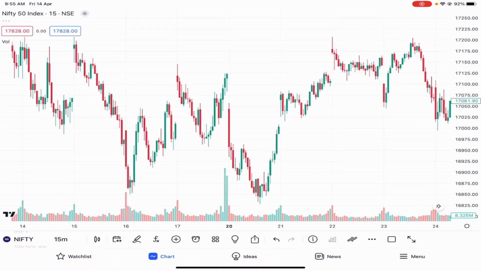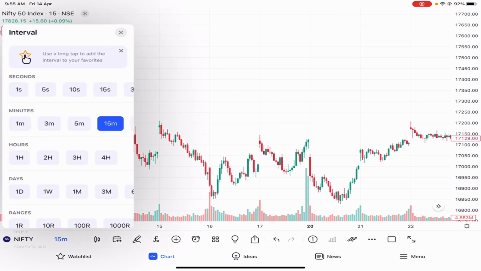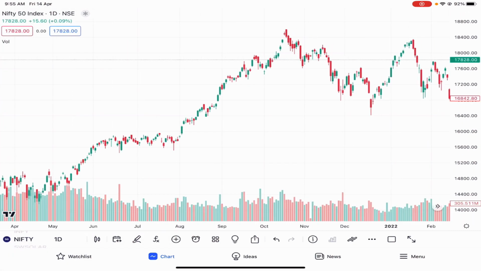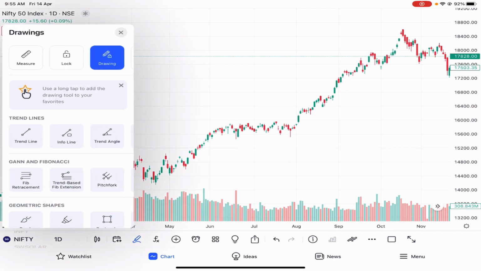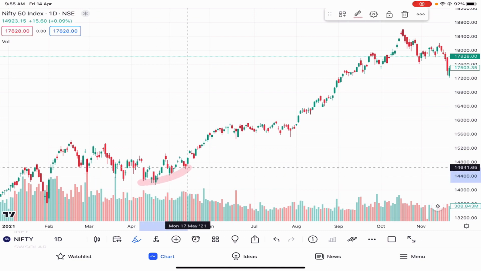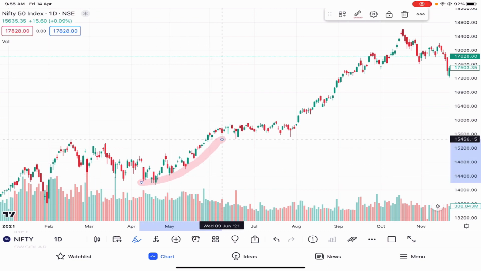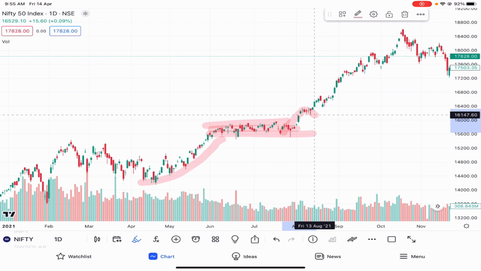Let's see examples now. Look at this. Let us go on a daily time frame. If you look at this chart, what do you see? We have an uptrend over here. Here we have a consolidation because the price is in the same range. Again we have an uptrend. We have a retracement because the price came down a bit.